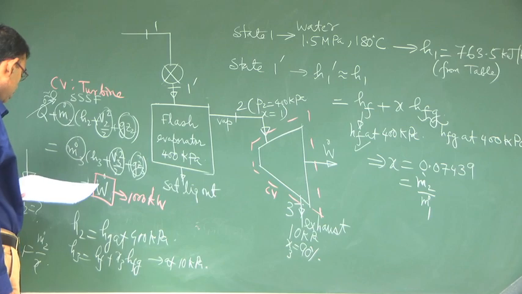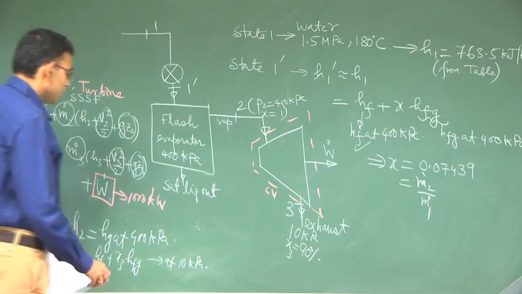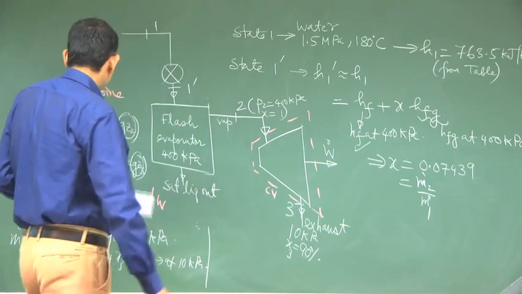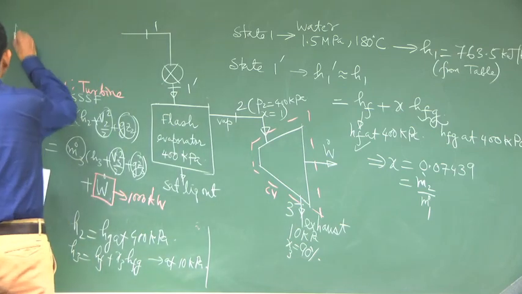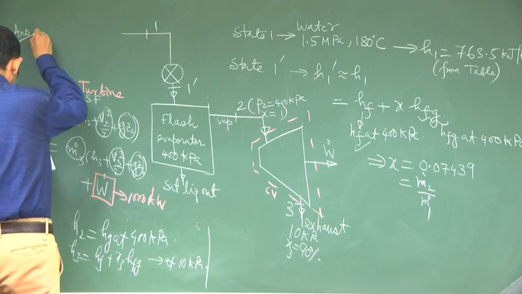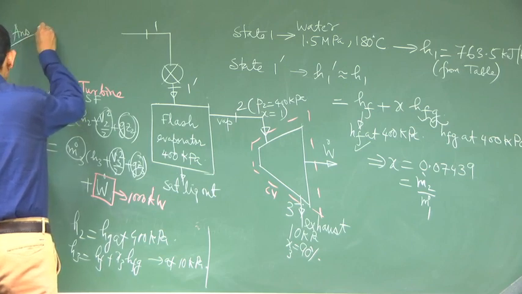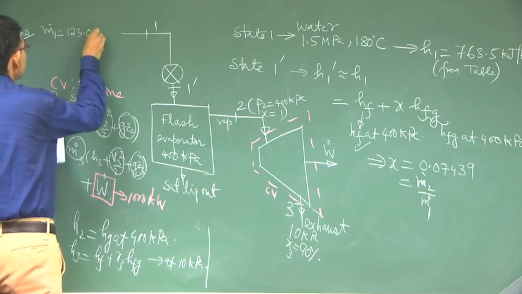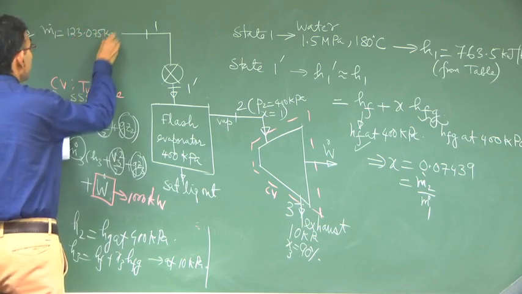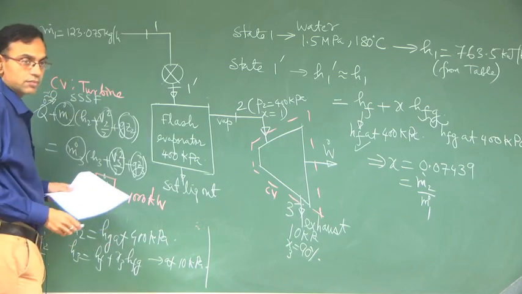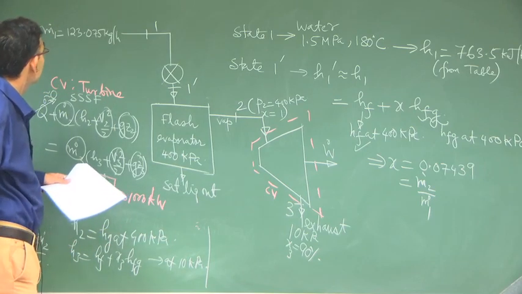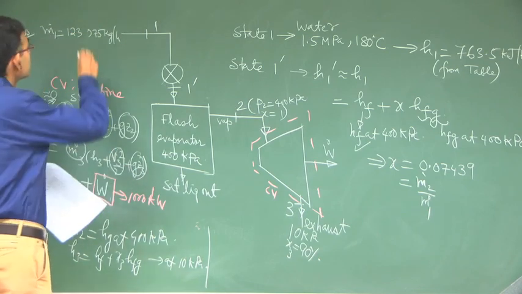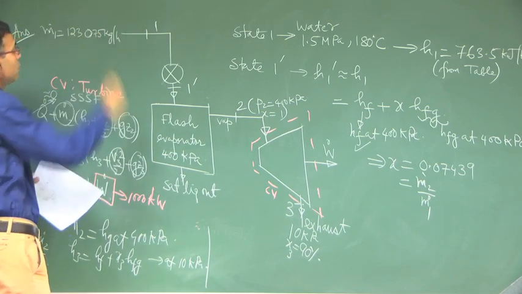If you convert it into kg per hour, it will come out as kg per second. So, if you convert it into kg per hour, then the answer is m dot 1 equal to 123.075 kg per hour. It is not point, it is 123075, right, 123075. Okay.